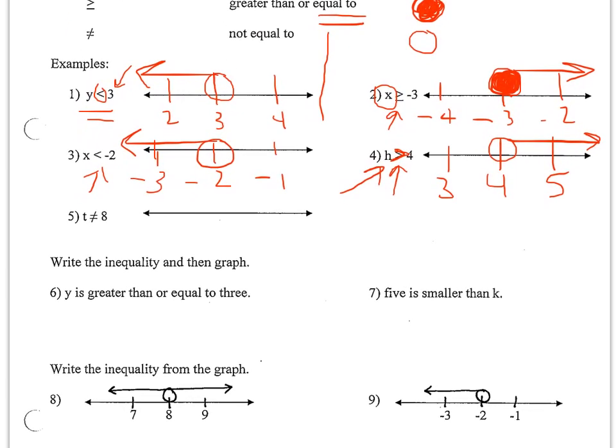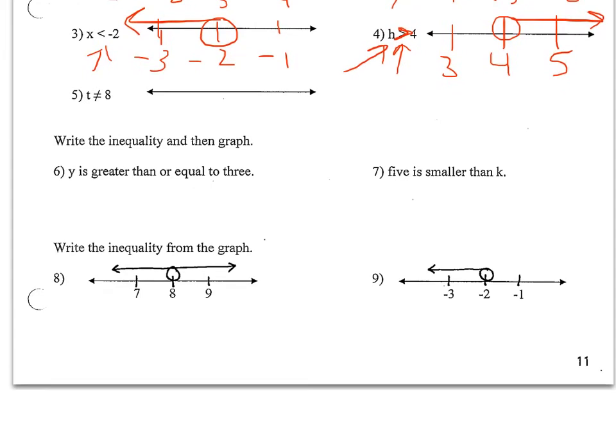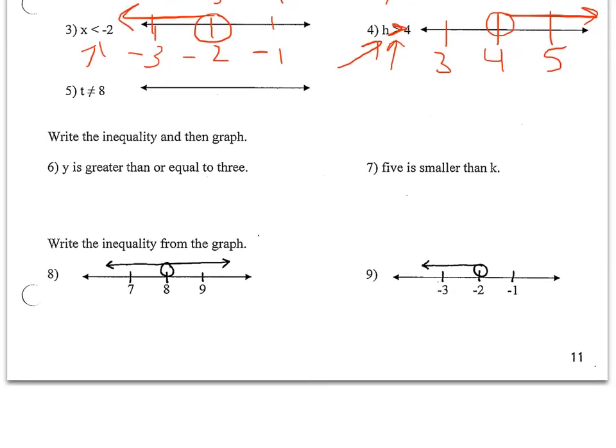We're going to scroll this up so I can show you the other ones here. Number 5, 8 in the middle, 9 to the right, 7 to the left. I circle it, open circle, because it says t cannot be equal to 8. All the numbers that are not 8 go to the right and to the left, so I draw my arrows both ways because it's everything to the left and right.